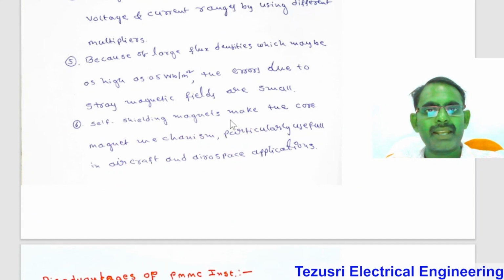Self-shielding magnets make the core magnet mechanism particularly useful for aircraft and aerospace applications. These are the main advantages of the PMMC instrument, which is commonly used for measurement of DC quantities.